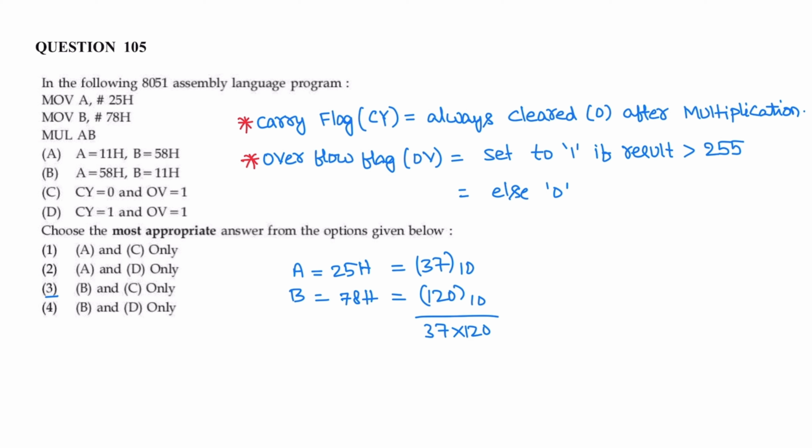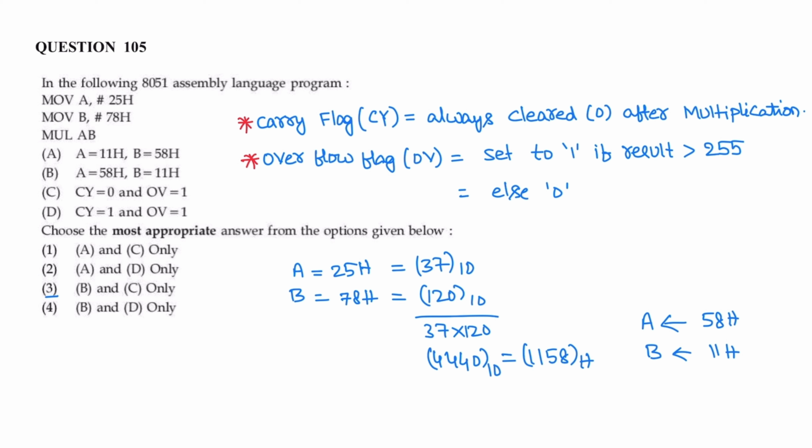The resultant is 4440 base 10. That is 1158 hexadecimal. Lower bits are stored in register A. LSB bits, and MSB bits are stored in register B.